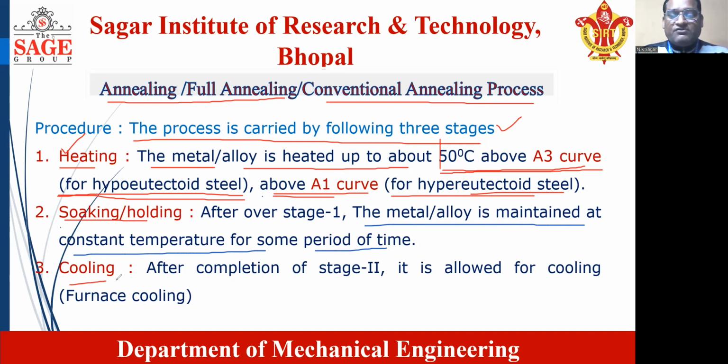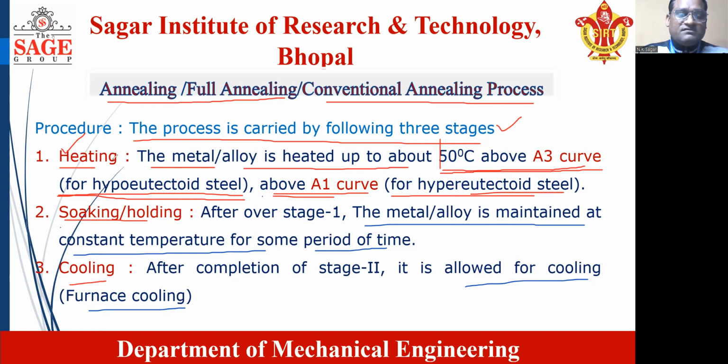The component is allowed to cool slowly, and in the annealing process, slow cooling means the cooling takes place in the furnace itself. After stage two, the furnace is switched off and the material is left in the furnace to cool down to room temperature. So it takes a very long time to reach room temperature.